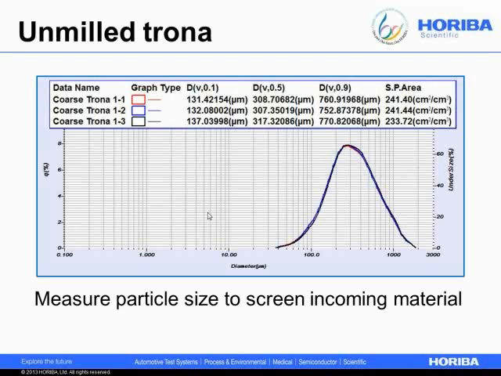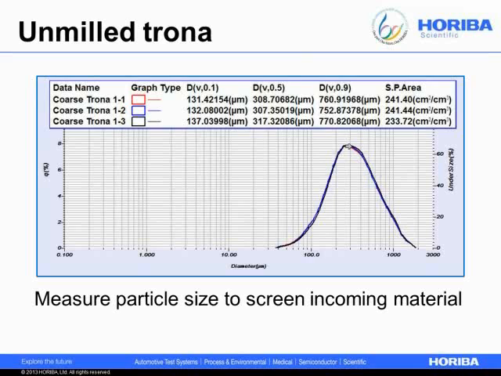In the LA950, these are three measurements in a row of a coarse unmilled Trona. This is a needle-shaped material. Here we see the LA950 powder jet accessory, the dry measurement accessory, delivering very consistent results across the D10, D50, and D90. If you're not familiar with those terms, the D10 is the point at which 10% of the particles by volume are finer.